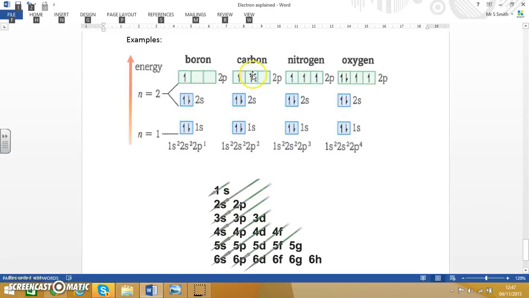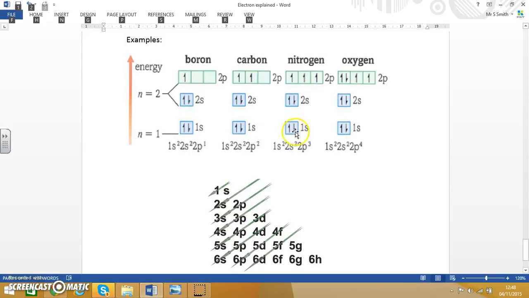We do not place 2 electrons in the same dimension. We only start doubling up when we have completely placed electrons, 1 in each of the dimensions for that subshell. And again we can write a shorthand, 1s2, 2s2, 2p2, and again 2 plus 2 plus 2 equals 6, which matches our 6 electrons.